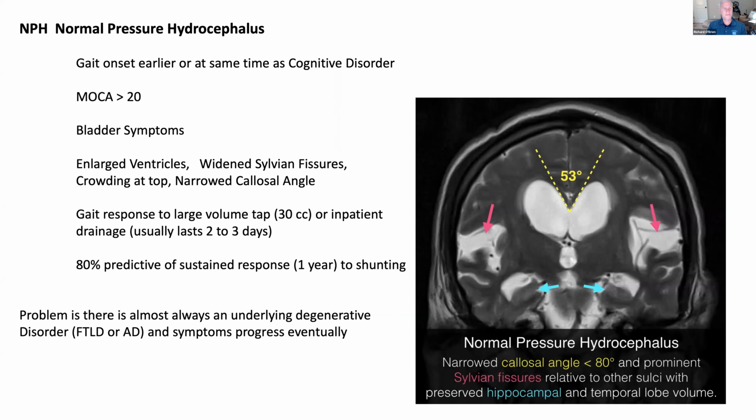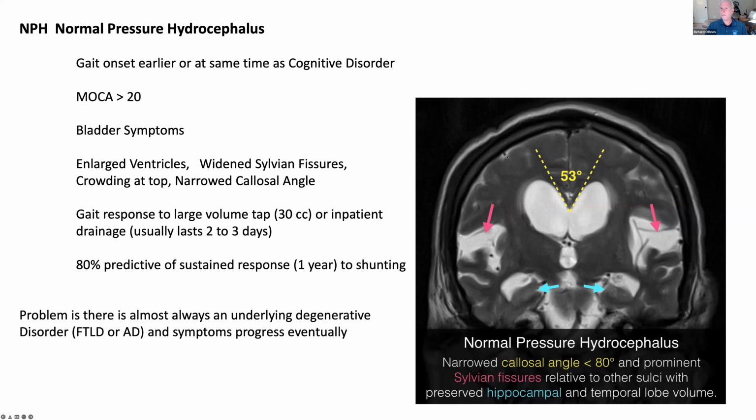And then just to throw in normal pressure hydrocephalus, which we had a great grand rounds on from Abe. You've got big ventricles, widening of the Sylvian fissures, crowding at the top, and a patient with relatively intact cognition and a significantly Parkinsonian gait. A certain percent of them will respond to a large volume tap and long-term shunting.